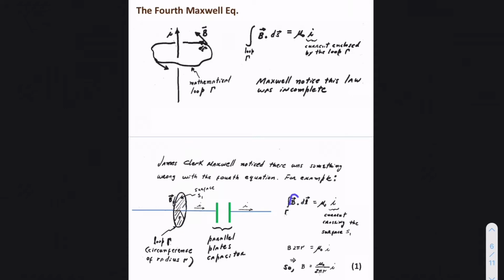So we can take the constant B out of the integral and integrate this dl over the whole circumference, which gives us the circumference 2 pi r. And according to Ampere's law, this is equal to mu naught I. So we have B equal to mu naught I over 2 pi r.